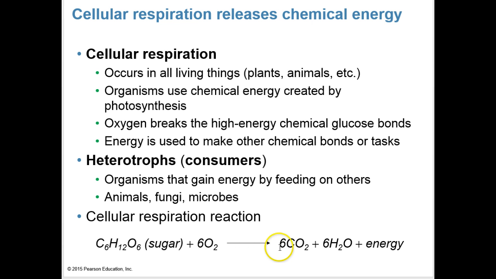And then we make the products of carbon dioxide, which you breathe out, and water, and energy. They just put energy here, but it's actually an energy molecule called ATP, or adenosine triphosphate. It's like our fuel, and ATP, with its chemical bonds, has stored energy that we use to fuel different tasks and processes in our bodies.